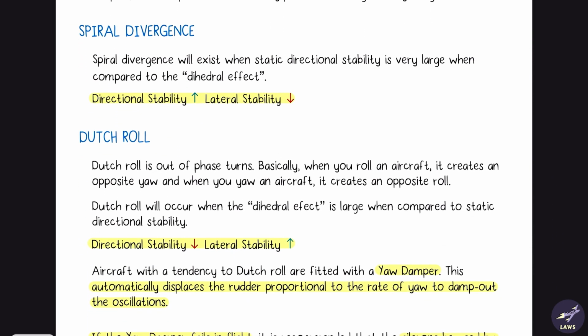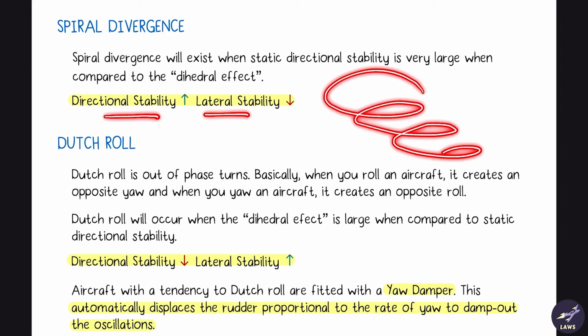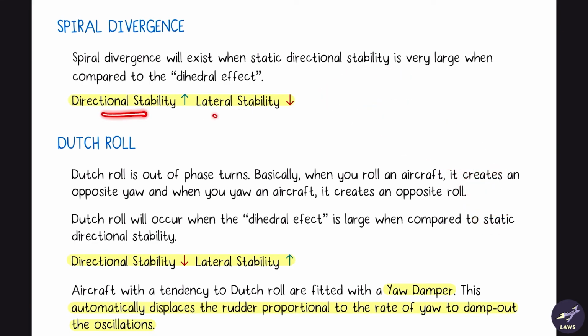Next we have spiral divergence. So this happens when the directional stability is more as compared to the lateral stability. So if this is the case, there is a tendency of the aircraft to spiral like this. Okay, because directional stability is more, lateral is lesser.